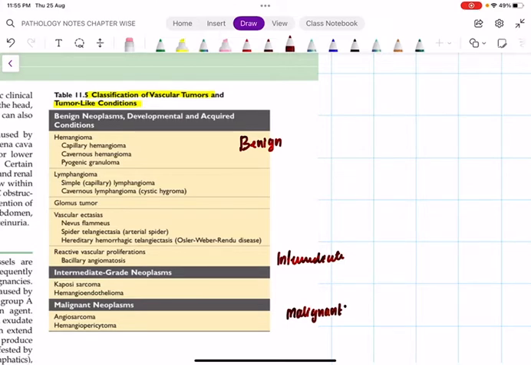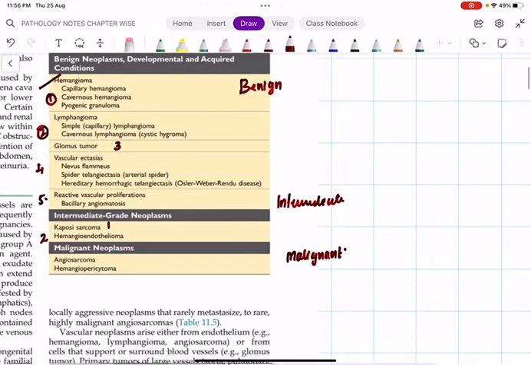Benign, we have hemangioma, number 1, number 2 lymphangioma, number 3 glomus tumor, number 4 vascular ectasia. Don't worry, each terminology I will be explaining. And 5 some reactive vascular proliferation. Coming to intermediate grade neoplasm, we have Kaposi sarcoma, very important, in depth and in detail we will be discussing. Hemangioendothelioma. And third, we have malignant neoplasms, that is angiosarcoma and hemangiopericytoma.